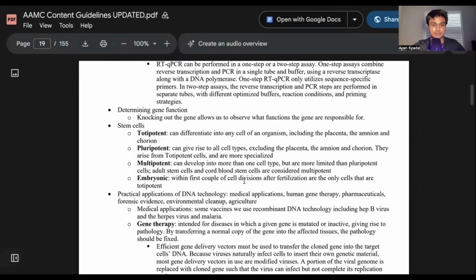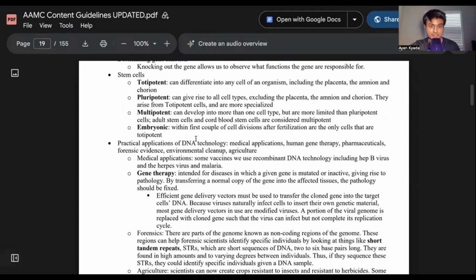And then we get into some of the practical applications of DNA technology. And the one that's worth paying attention to is gene therapy. In gene therapy, this is intended for disease in which a given gene is mutated or has a loss of function or is inactivated.